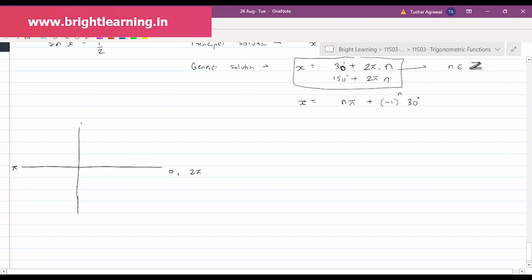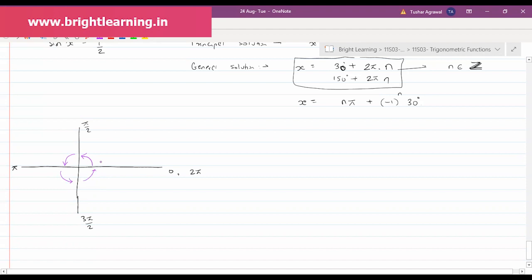If I tell you pi by 2, this is pi by 2, and this is 3 pi by 2. Means the standard values, but other than that plus minus you can always do. So now further, just think of this in terms of this much. Plus pi by 2 means 1 times pi by 2 I rotated, 2 times pi by 2 I rotated, so I landed on the negative x-axis. 3 times pi by 2 I rotated, and 4 times pi by 2 I rotated.